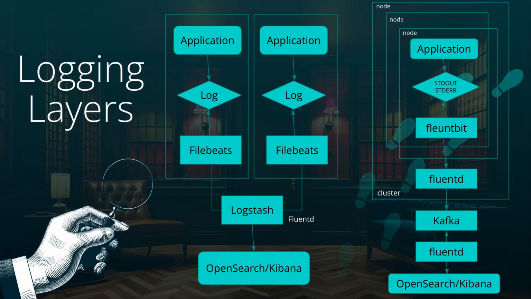For our K8s, we had quite a few things going on. Each node had Fluent Bit running as a daemon set, which went up to FluentD, which did some of the heavy lifting for log translation, dumped it into Kafka, which was picked up again by another FluentD, manipulated some more, and then into OpenSearch and Kibana again.